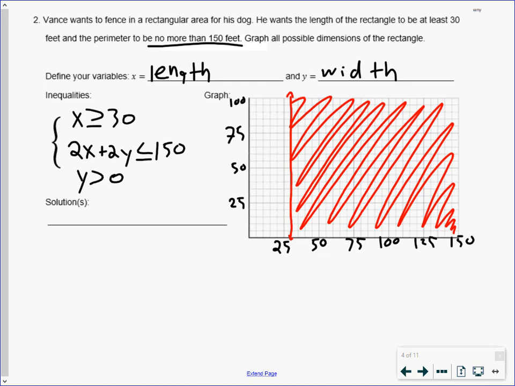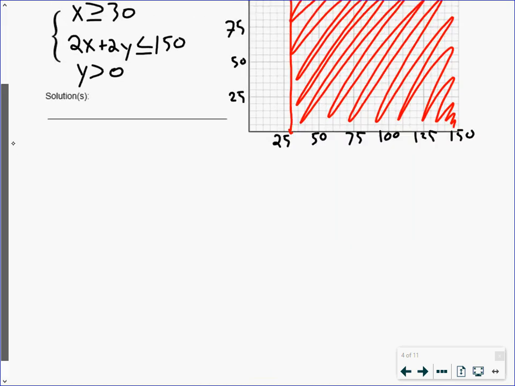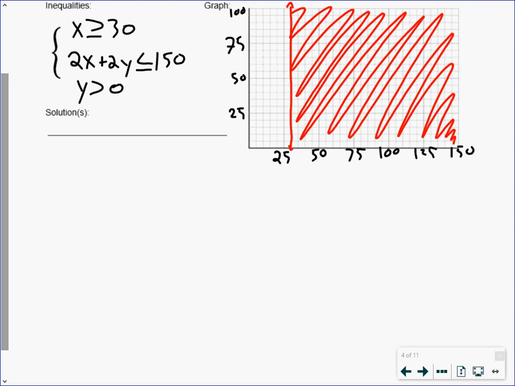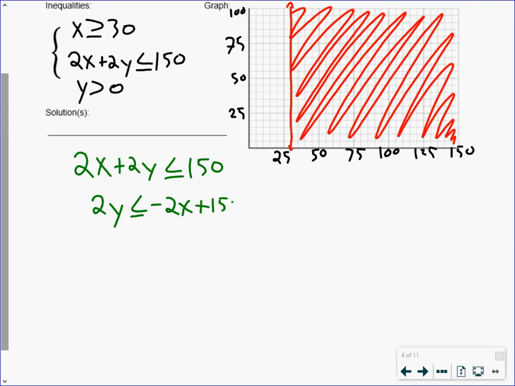After that, we want 2x plus 2y to be less than or equal to 150. Let's do that in green. So let's go ahead and create our equation for that. We have 2x plus 2y is less than or equal to 150. We're going to isolate our y. So we have 2y is less than or equal to negative 2x plus 150.